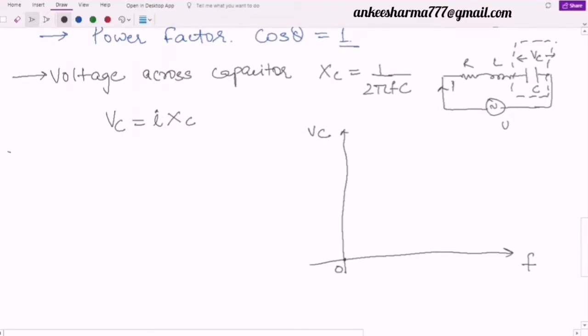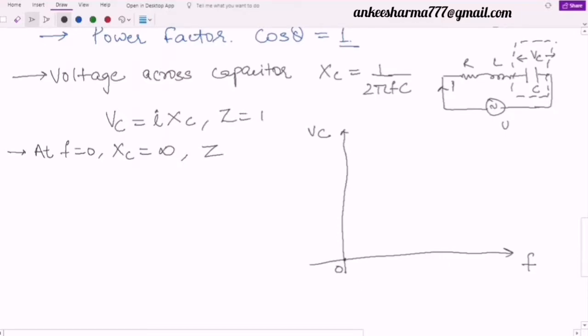So exactly at F equal to 0, can you tell me what is the value of your XC? I will say that XC will be equal to definitely infinity. If XC is infinity, then what will be the value of Z? I will write a value of Z also.